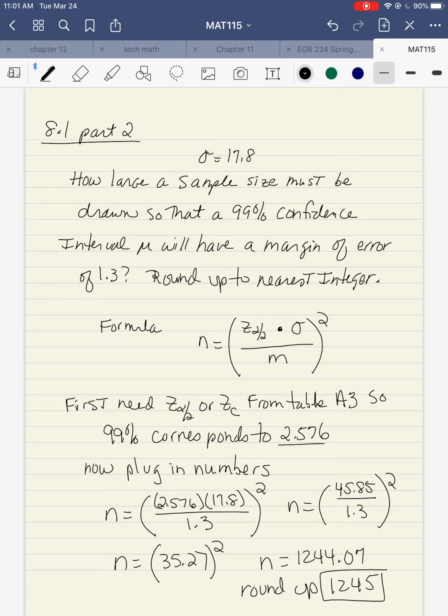So I still need to find the critical value. I either find it from table A3 if the confidence level given is on table A3 at the bottom, or I have to do that calculation which I went over at the beginning of the first section 8.1. 99% confidence level is given on table A3.